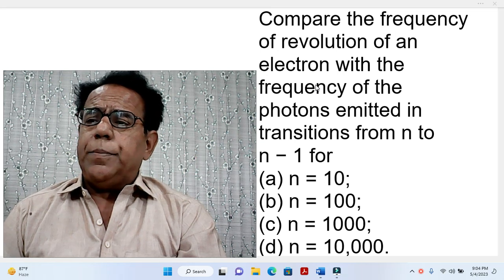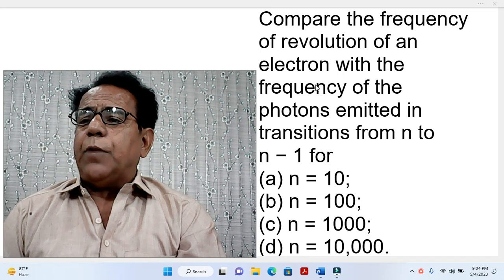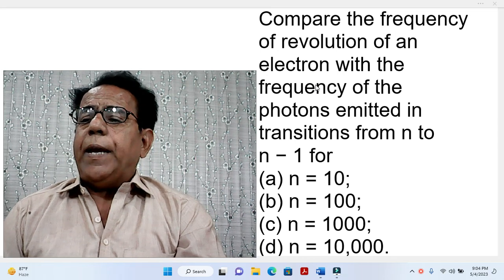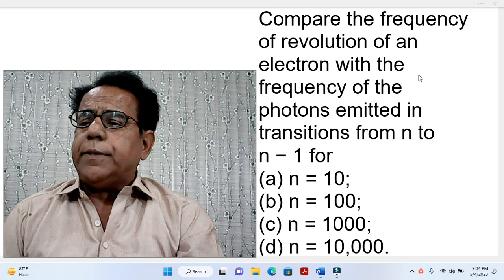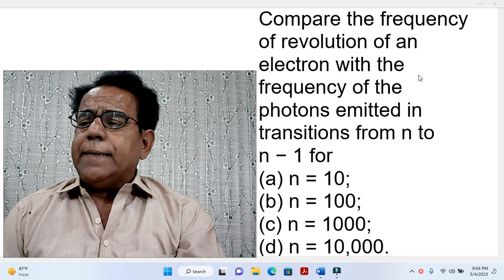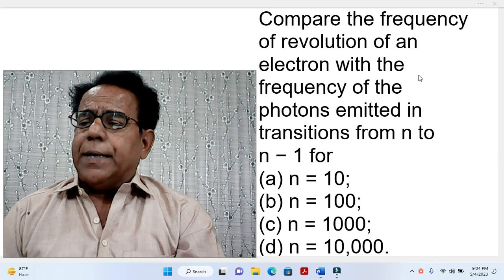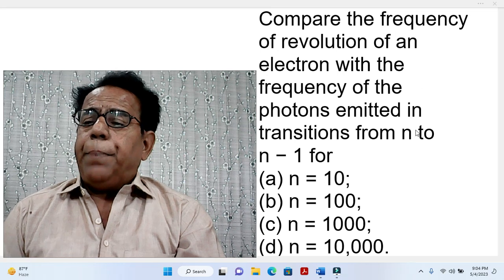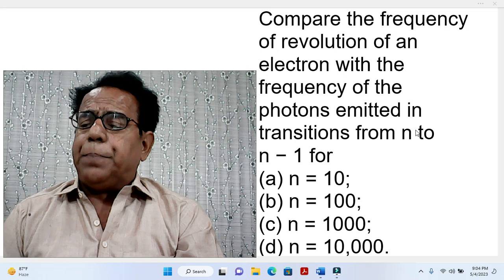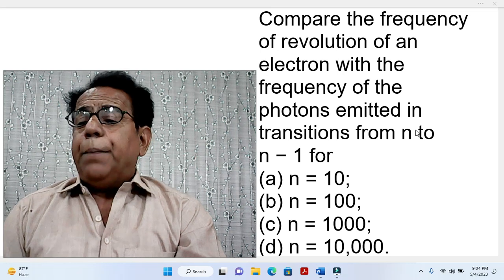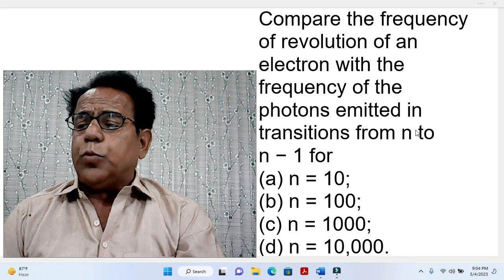The statement of the problem is: compare the frequency of revolution of an electron with the frequency of the photons emitted in transitions from n to n minus 1 for part A, n equal to 10, part B, n equal to 100, part C, n equal to 1000, and part D, n equal to 10,000.